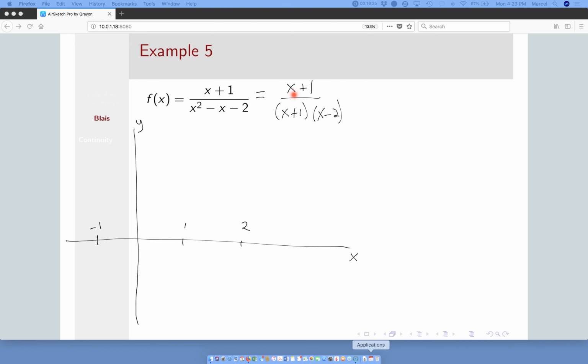If you did cross these x plus 1s, you would just have the function 1 over x minus 2, which is actually the function 1 over x shifted over 2 units.